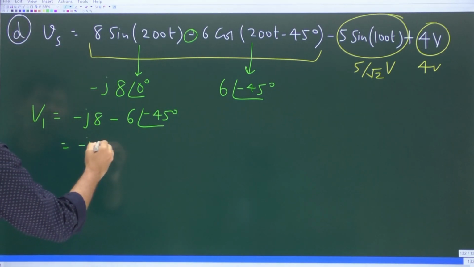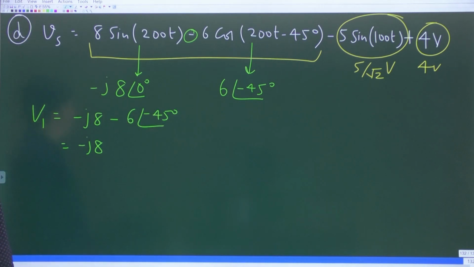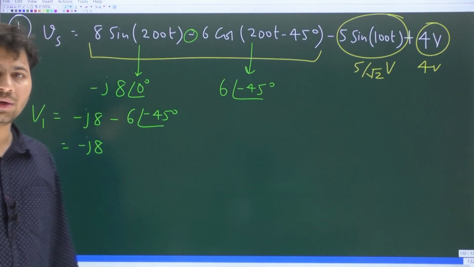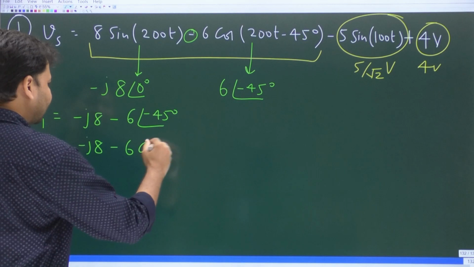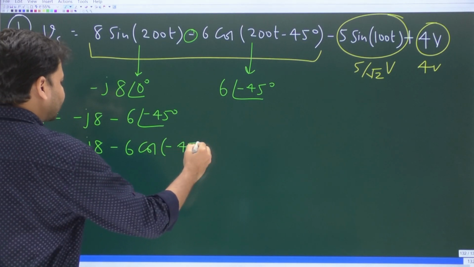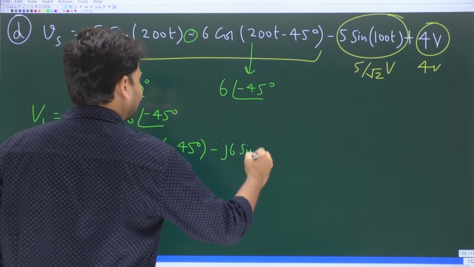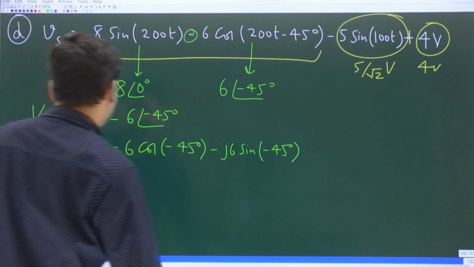Now I will split this 6 angle minus 45 degrees into a real part and an imaginary part. The real part is minus 6 cos(minus 45 degrees), and then minus j6 sin(minus 45 degrees).